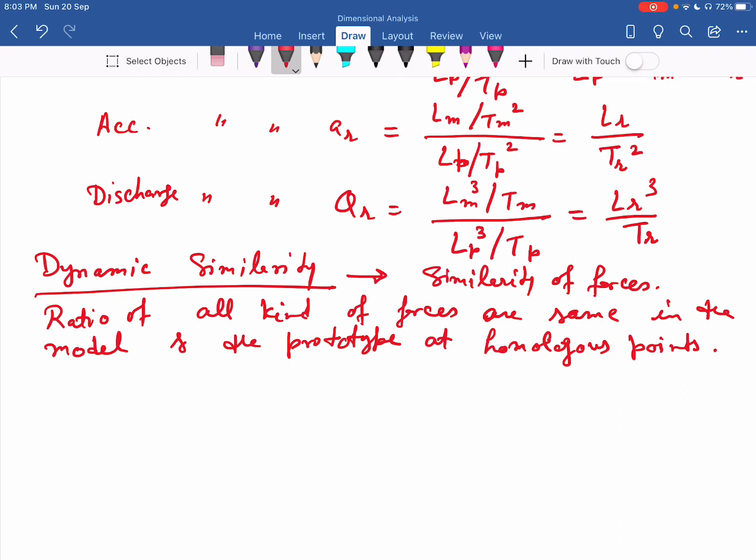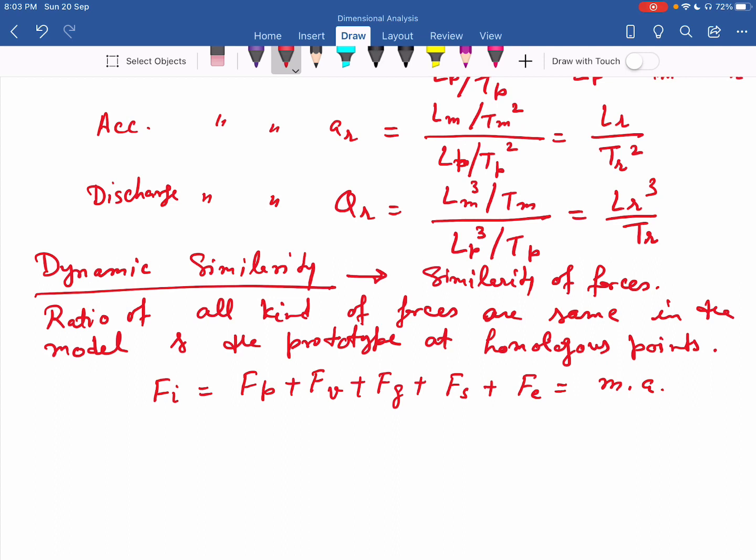Means these five forces result into an inertia force. So we can write Fi should be equal to Fp plus Fv plus Fg plus Fs plus Fe. That is equal to mass into acceleration. That is the inertia force.